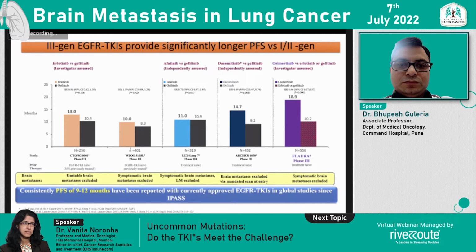TKIs have also been evaluated as first-generation TKIs, second-generation TKIs versus first generation, or third generation versus first-generation TKIs. We have seen that even in brain metastasis, where symptomatic brain metastasis were excluded, for asymptomatic cases these drugs have shown better efficacy. For the third generation, the results were very encouraging, almost reaching 18.9 months.